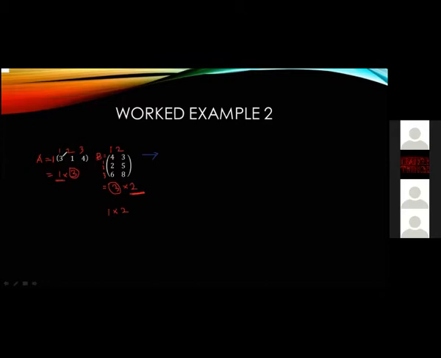Now we will multiply them. First, you need to multiply the first row by the first column. So 3 times 4 plus 1 times 2 plus 4 times 6.